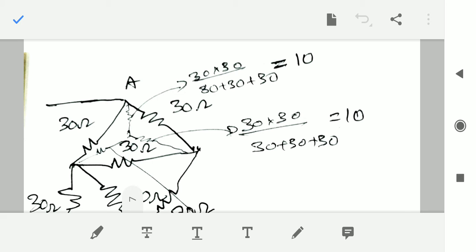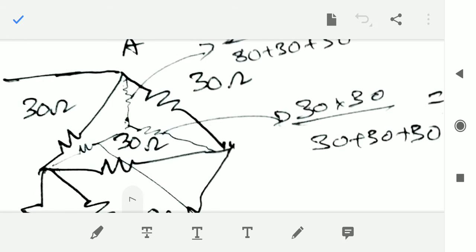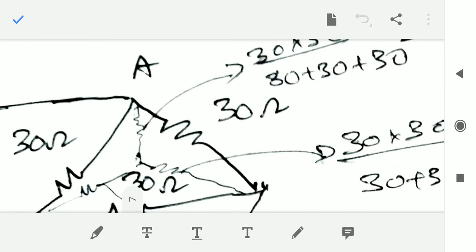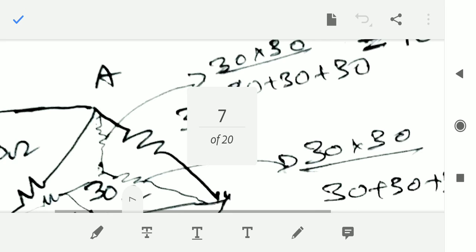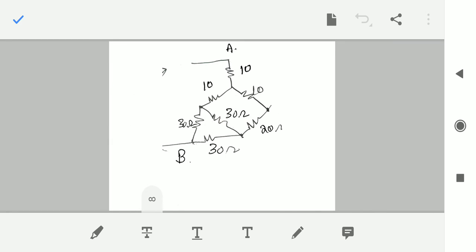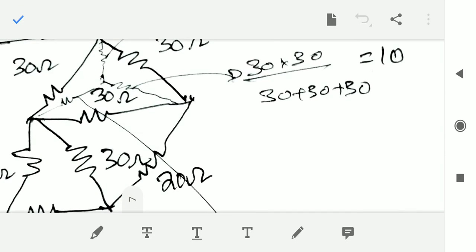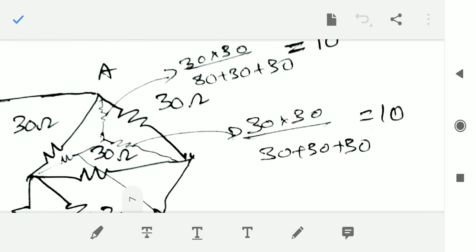If I want to get the value of a star resistance, I have to multiply the resistances connected to that star at either side, 30 into 30, divided by the sum of the resistances. Similarly for the other three ends we have to connect like this.